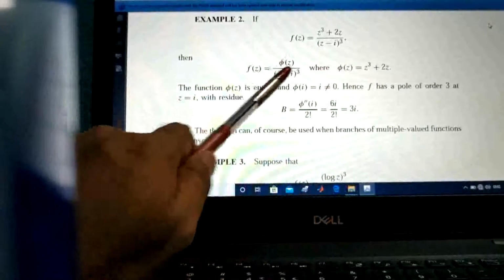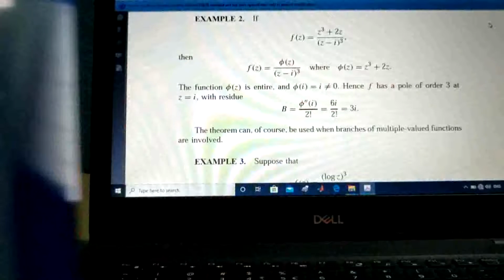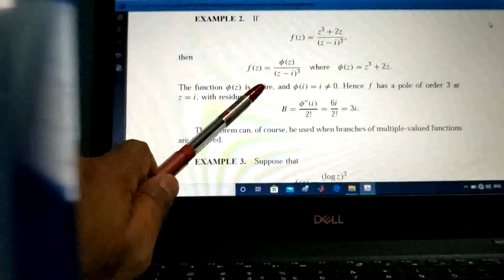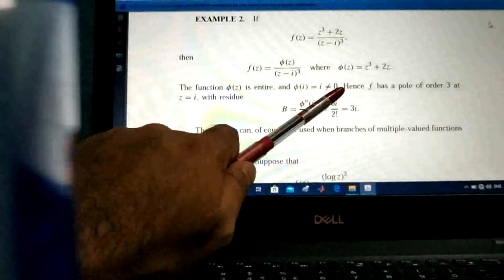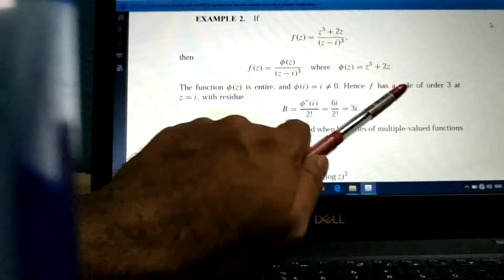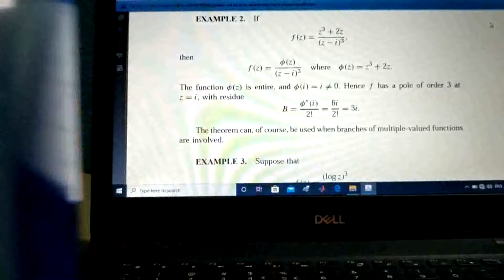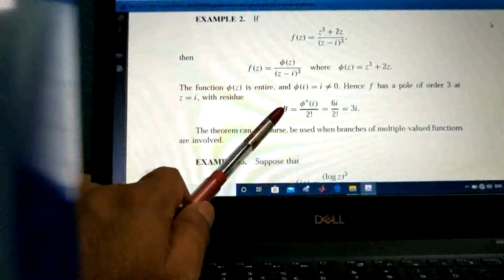And before that let us discuss phi of z. Phi of z can be constructed as this, where phi of z is entire, meaning analytic throughout the complex plane, and phi of i is non-zero. So we can conclude that this i is a pole of order 3 because m equals 3, power 3 is here, and with the residue.